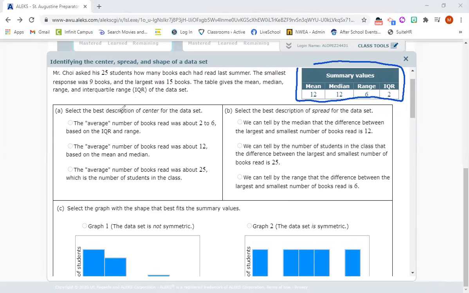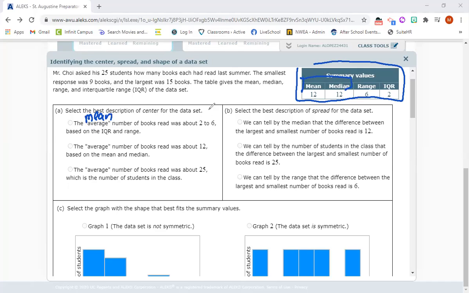Anytime we're talking about center, we want the mean or the median. So if we look at our answer choices, the average, which I know is another word for mean, the average number of books read was about 2 to 6. Well, that doesn't make sense because average is one number that describes the whole set.